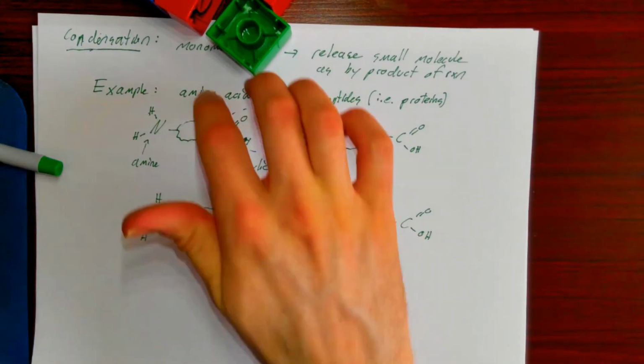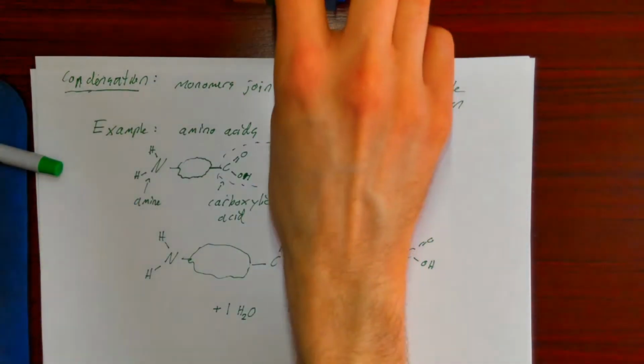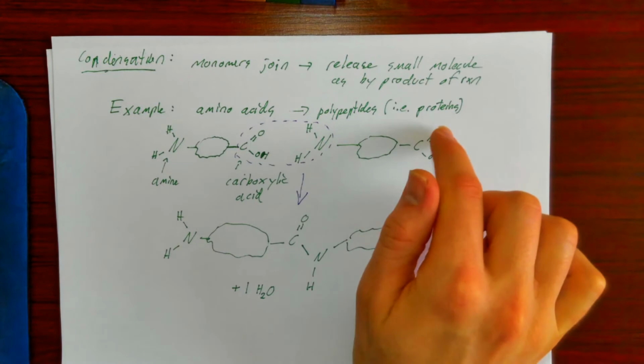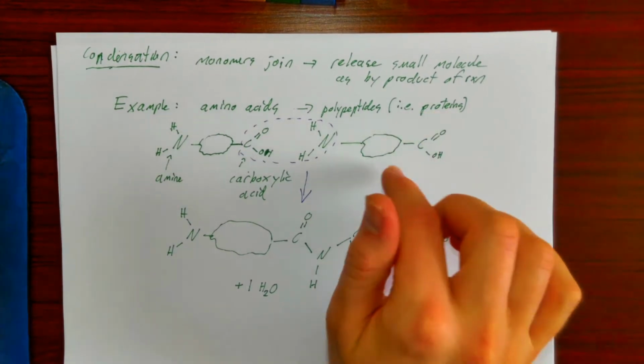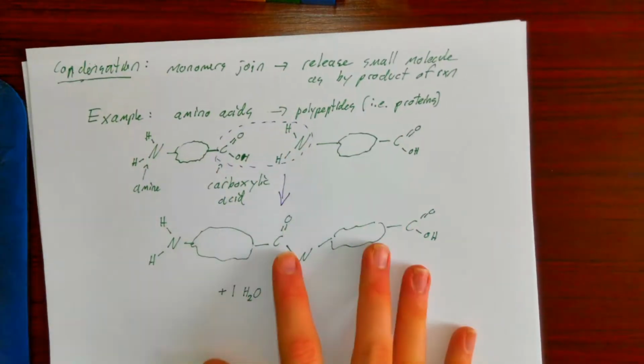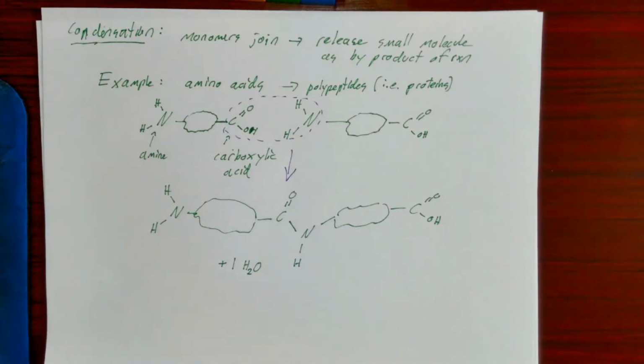So this is a mechanism by which some types of polymers, natural ones like proteins, but also some artificial ones like nylon, form via condensation reactions.